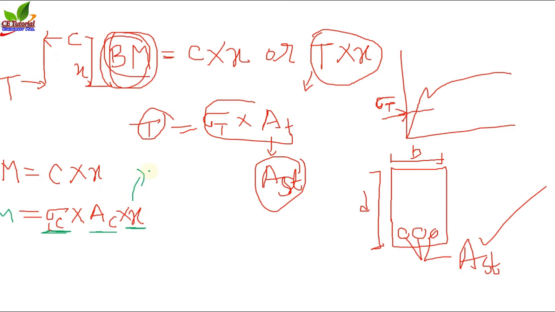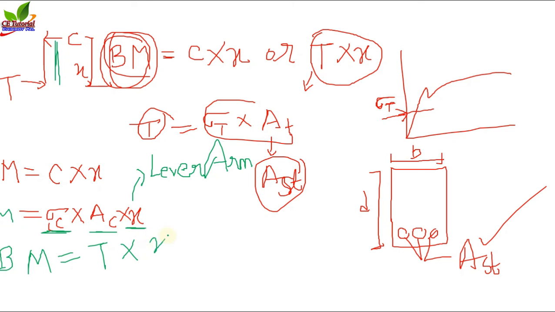This x is called the lever arm. Or we can say bending moment equals T multiplied by x, that means the lever arm, and equals sigma T multiplied by AST multiplied by lever arm, nothing else.